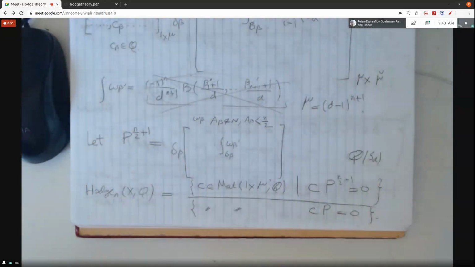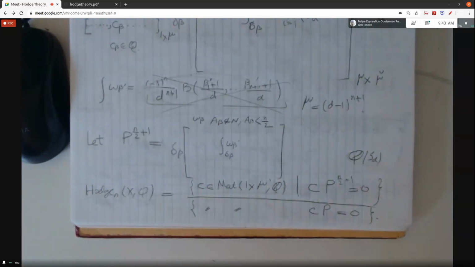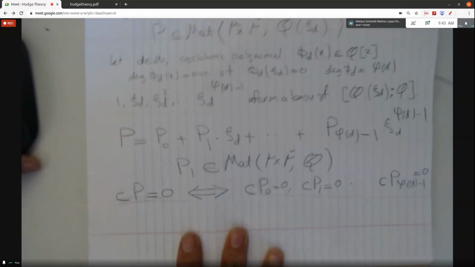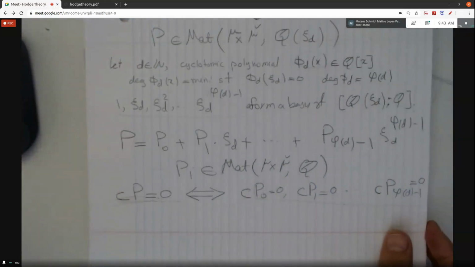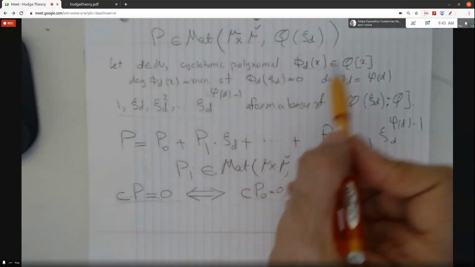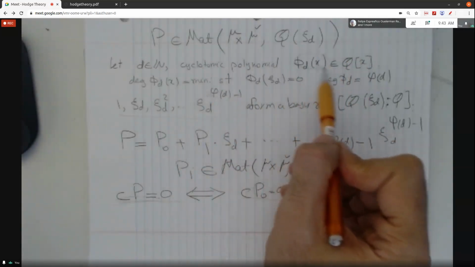Going back to our discussion, for me it's not clear why you need to use these cyclotomic polynomials to get this decomposition. First of all, I need the degree of the cyclotomic polynomial.